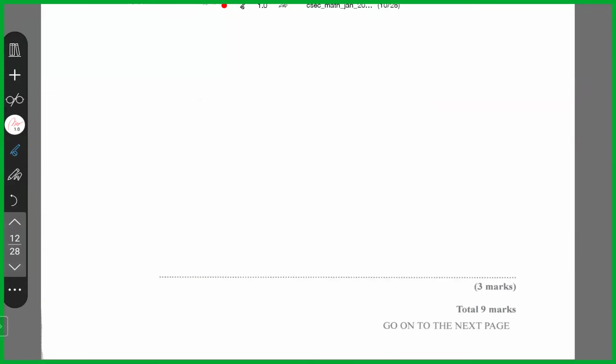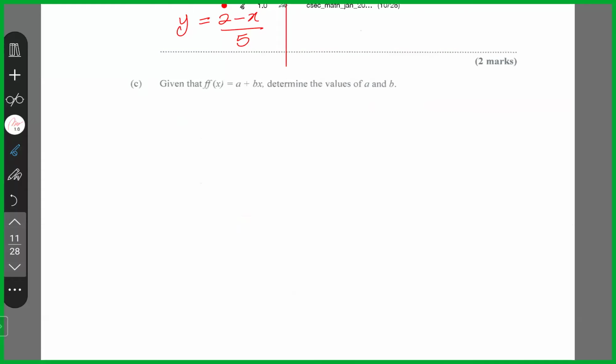We're told, given that f of f of x is a plus bx, determine the value of a and b. So reminding ourselves, f of x is equal to 2 minus 5x.